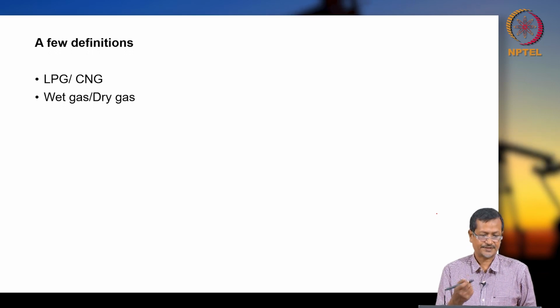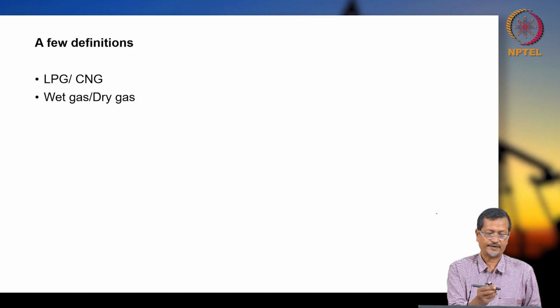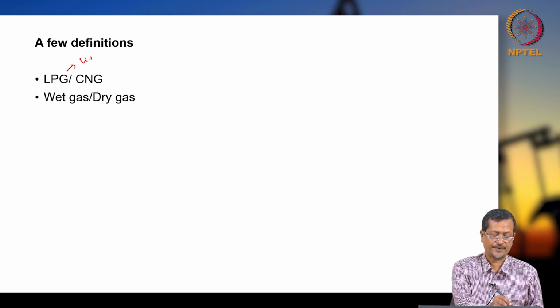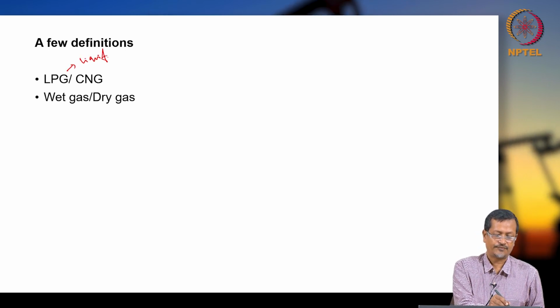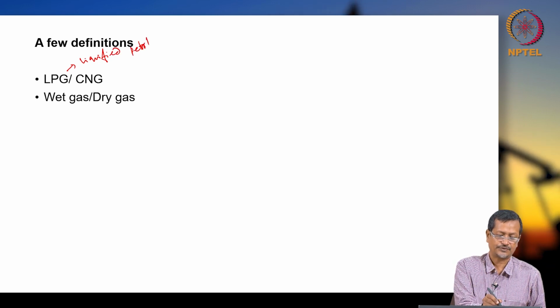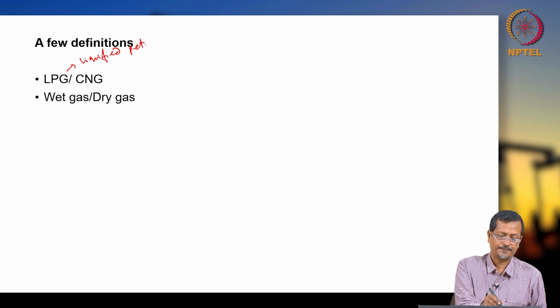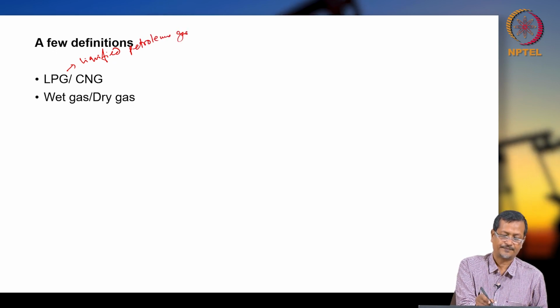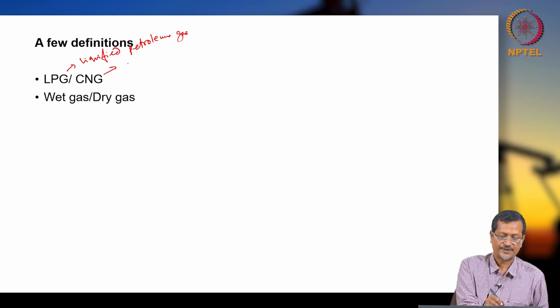A few definitions we can discuss here. You may have heard the terms LPG and CNG. What is LPG? It is liquefied petroleum gas. And CNG is compressed natural gas.